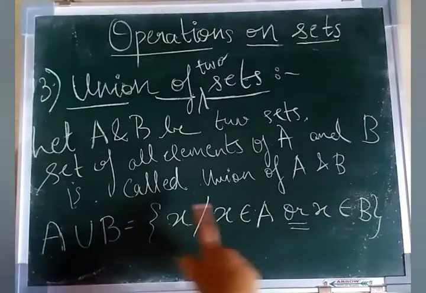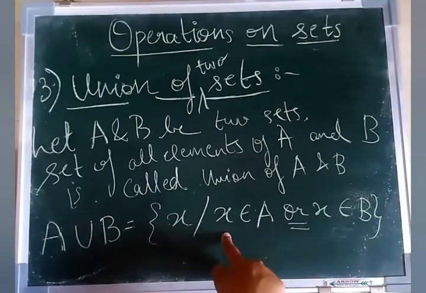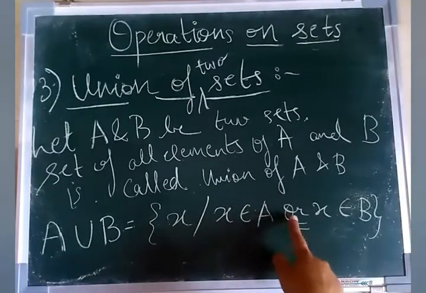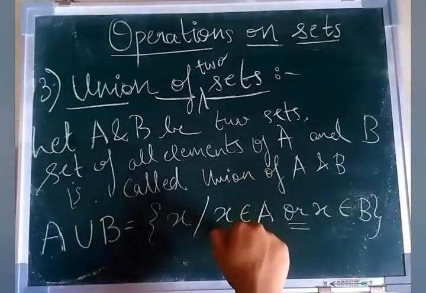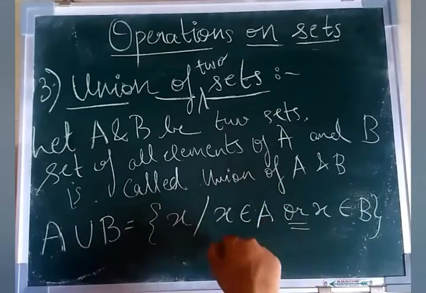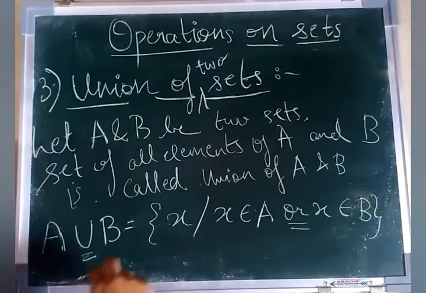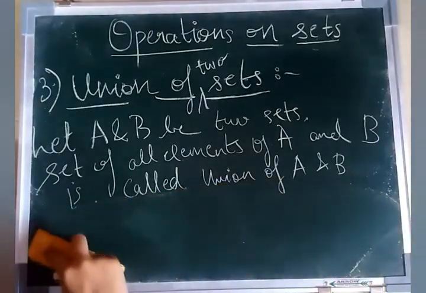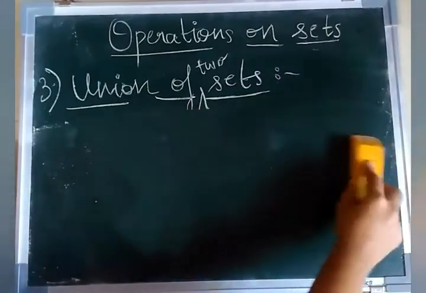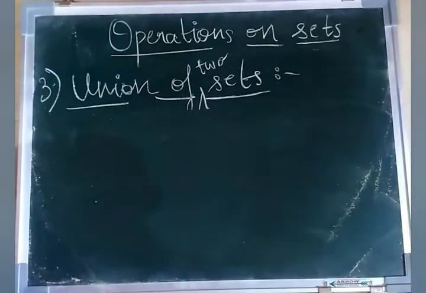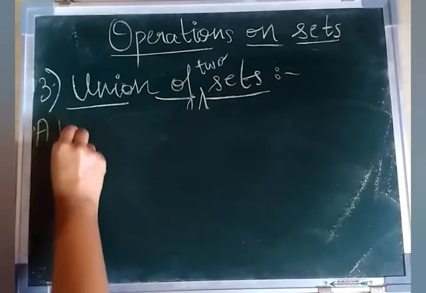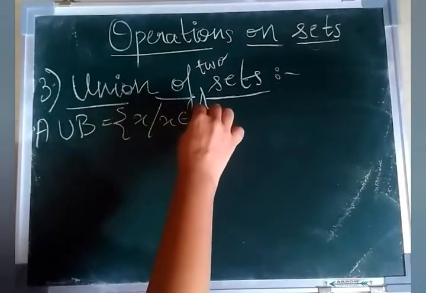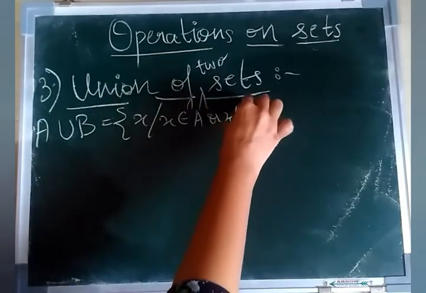When we have intersection, we want and. That means x should be in A and x should be in B. Here the or condition is there. If x is in just one set, still it is in the union of A and B. So this is how we denote. So A union B is the set of x such that x belongs to A or x belongs to B.